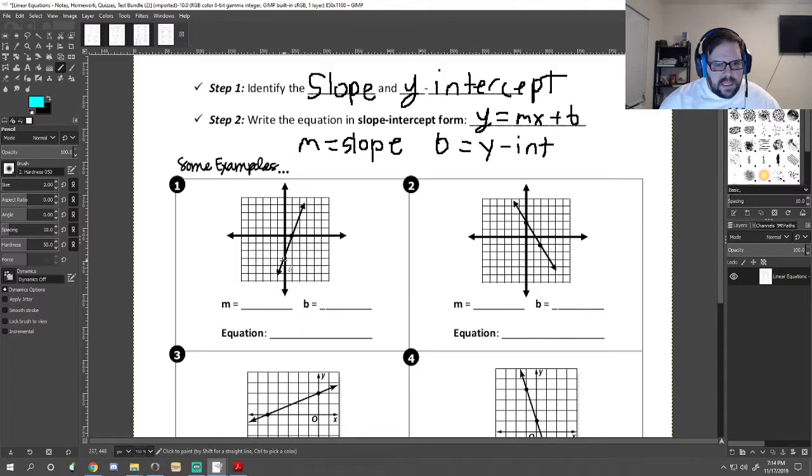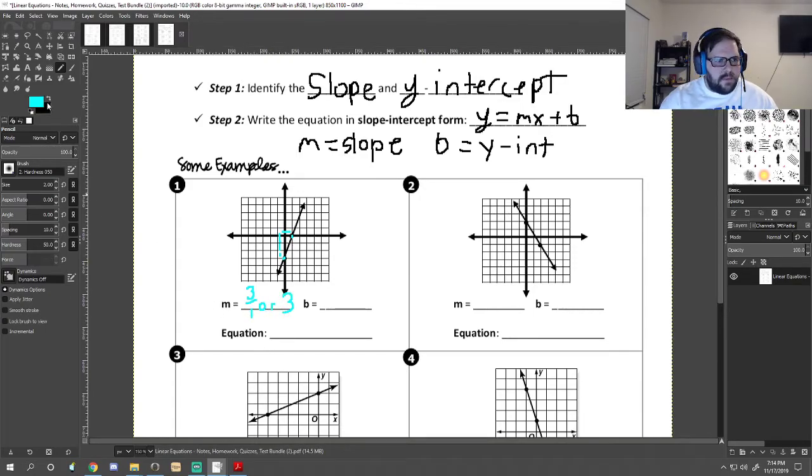We see that the first point is way down here. I'm going to put a little dot on that point. And the other point is up here. So remember, to find slope, we have to rise and run. So we rise 1, 2, 3, and then we go over 1. So that means it's 3 over 1, or just 3.